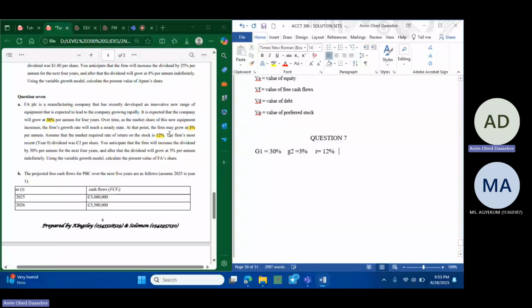Is it D0 or D1? Recent is D1, right? Current. D1 is future. Yes, so D1 is the future one, D0 is the current one. So D0 is 2.